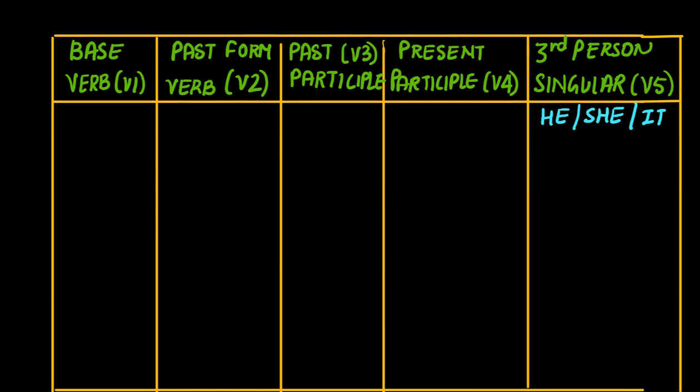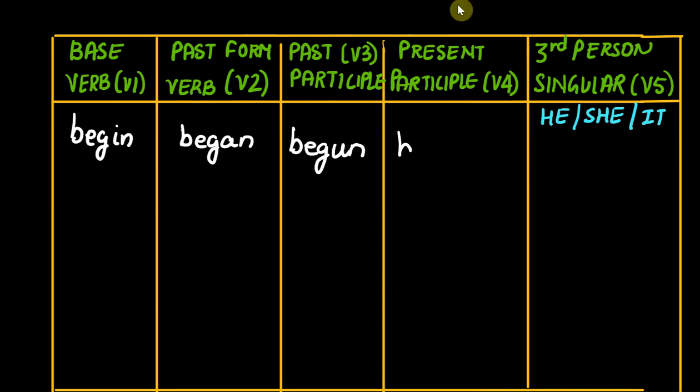Okay, so let's see. If I write down begin, past form of begin is began, and then past participle is begun. Then we'll have beginning, and then we'll have begins. Okay, begins, the s comes at the end.